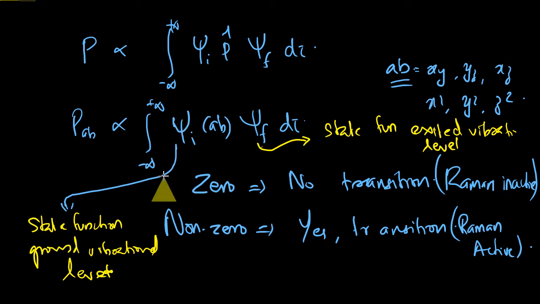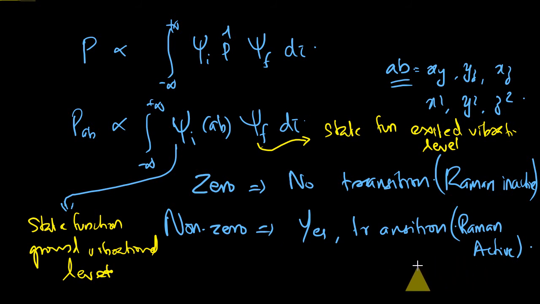If you have the state function for the final and initial states, and if you have the operator like this, then you can depend on a computer to solve this integral, right? And you can see what the value is, whether it is 0 or non-zero. Depending on that, you can predict whether it is Raman inactive or Raman active.